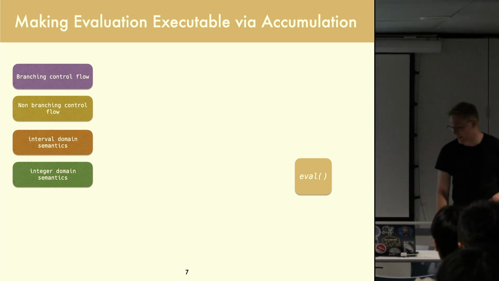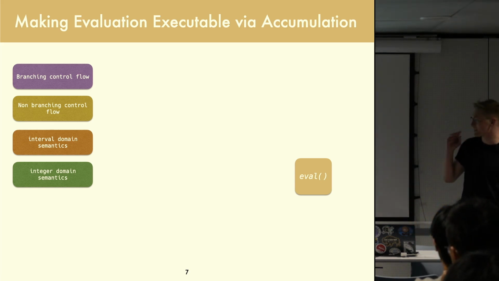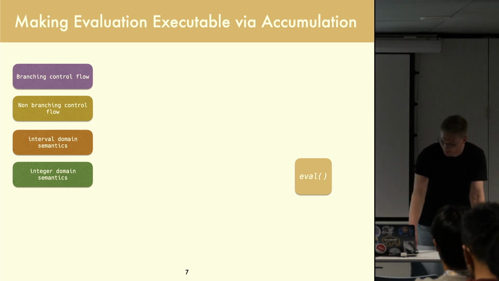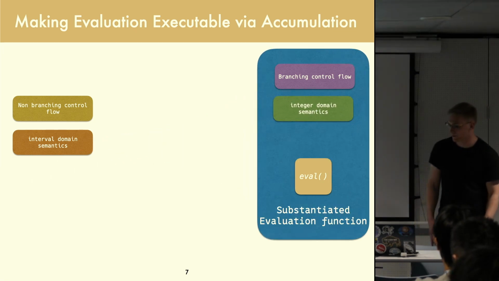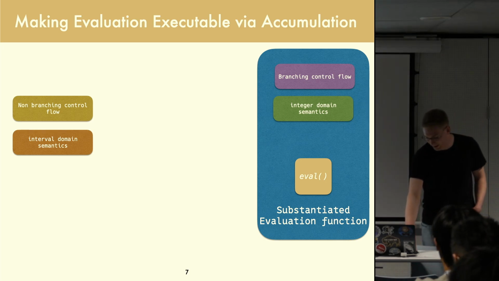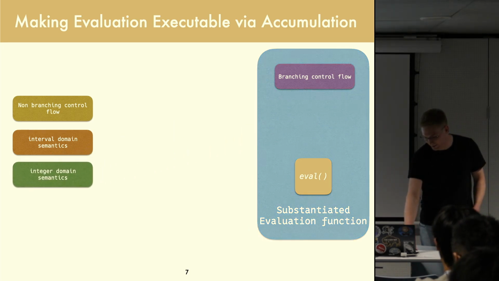Our goal is to have a series of components that can be mixed and matched to substantiate some generic evaluation function. For instance, if we pair branching control flow with the integer domain semantics, we get a substantiated evaluation function. For us, this would be the concrete semantics of our little language.